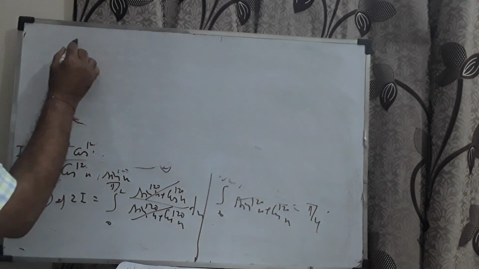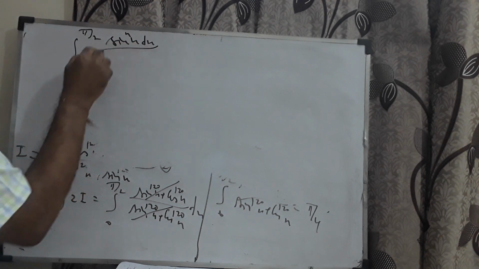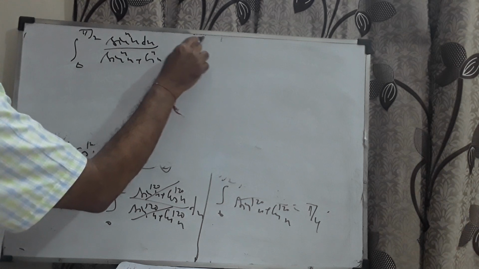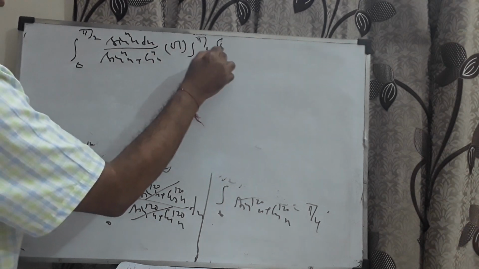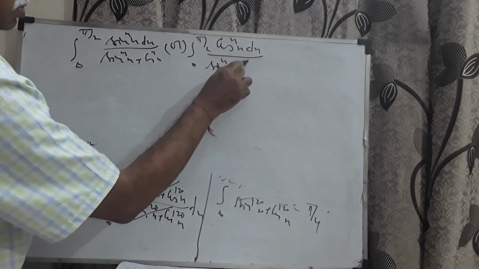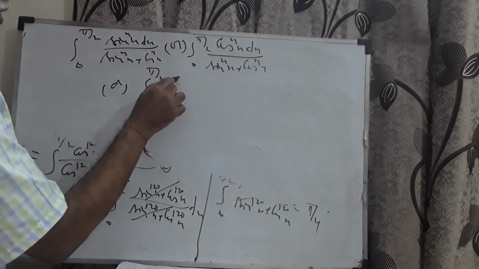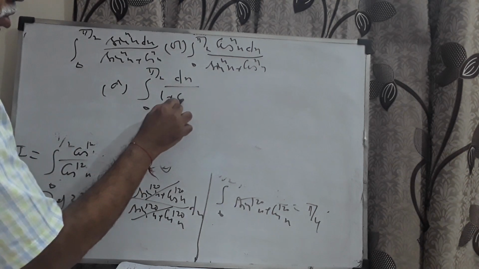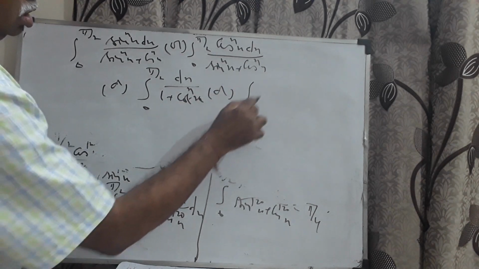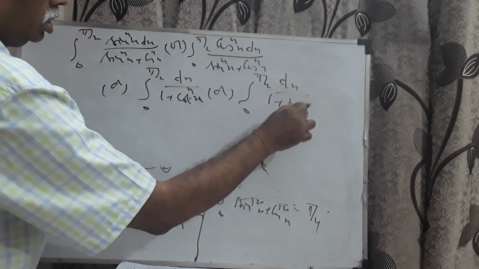I'll just repeat the 4 possibilities if you want. Integral 0 to pi by 2 sin power nx dx by sin power nx plus cos power nx, or cos power nx dx by sin power nx plus cos power nx, or dx by 1 plus cot power nx, or dx by 1 plus tan power nx.